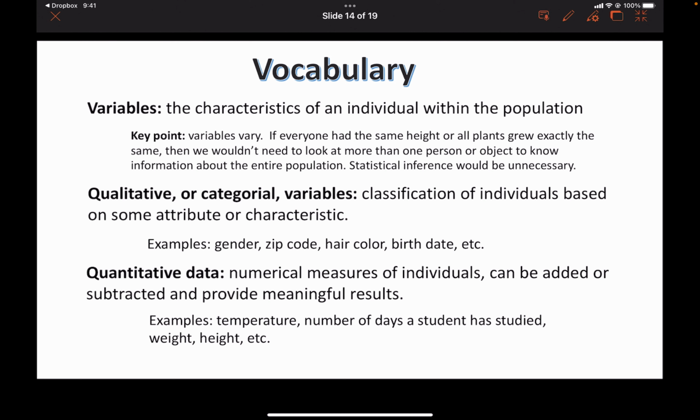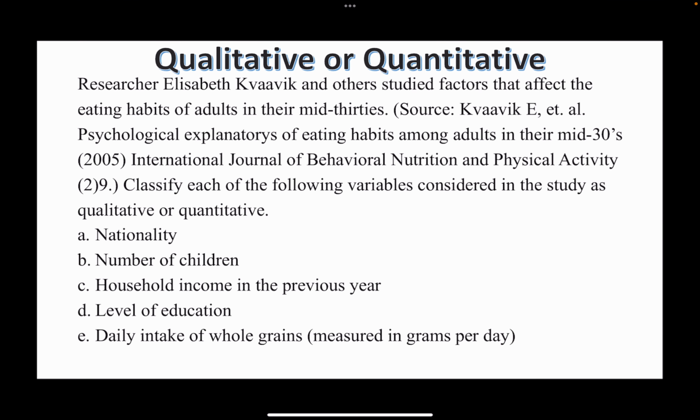So we're going to go through a few examples and hopefully help cement this into your brain. Elizabeth Kavavic and others studied the factors that affect the eating habits of adults in their mid-30s, and these are the different things. We're going to classify them as qualitative or quantitative.